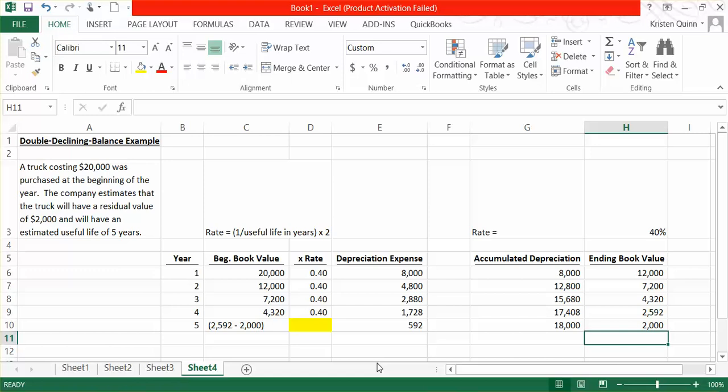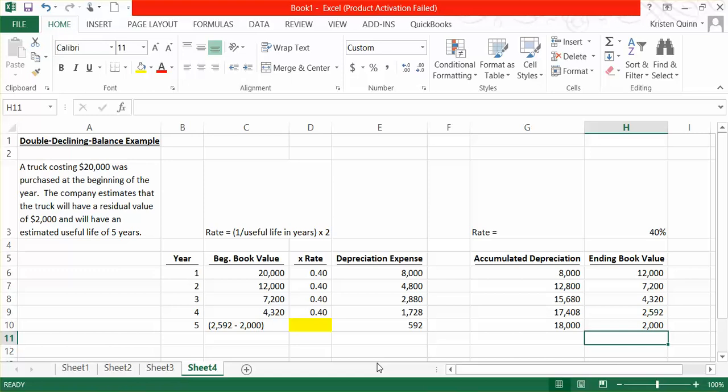No matter which method we use, straight line, units of output, or double declining balance, our ending book value should equal our residual value at the last year of the asset's useful life. Our book value can never drop below our residual value.